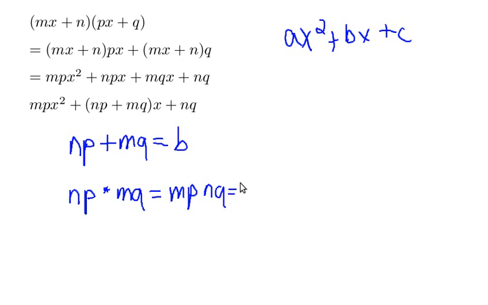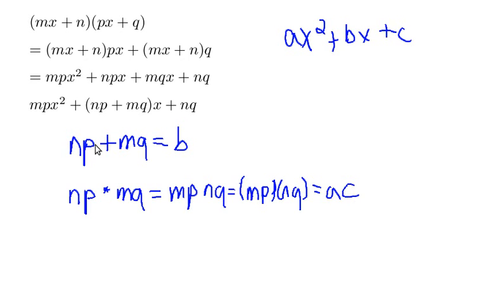And then notice that I just put parentheses around these two things. But what is mp? mp is a. What is nq? nq is c.